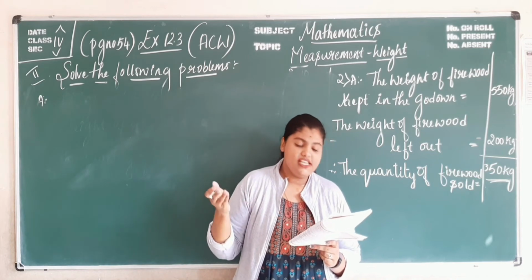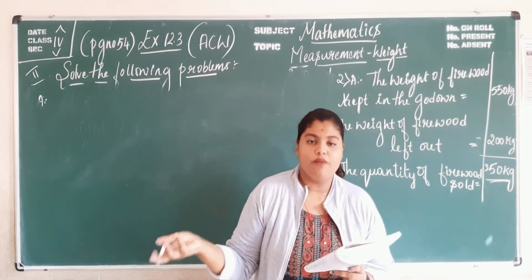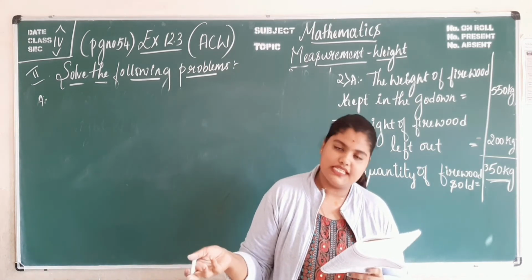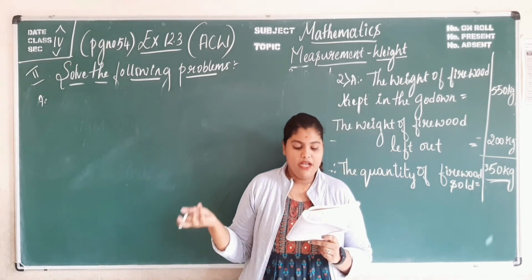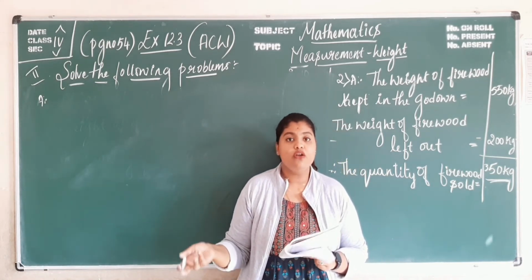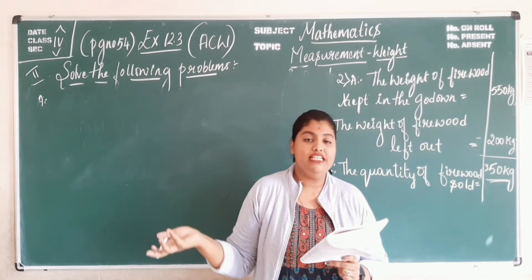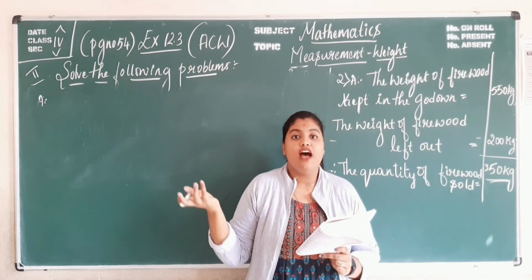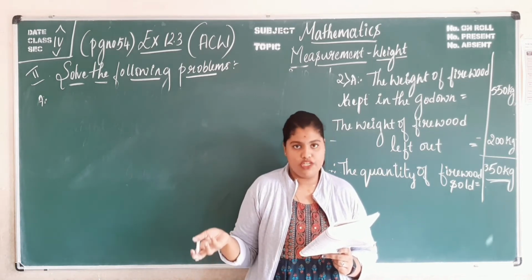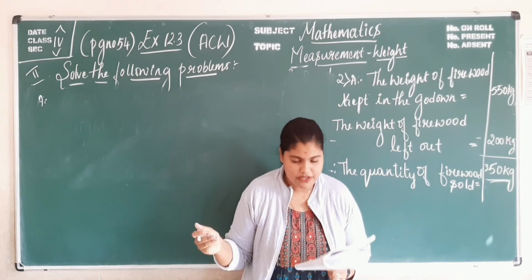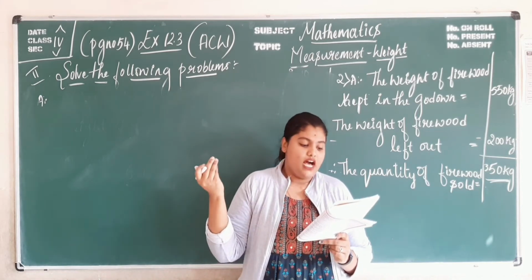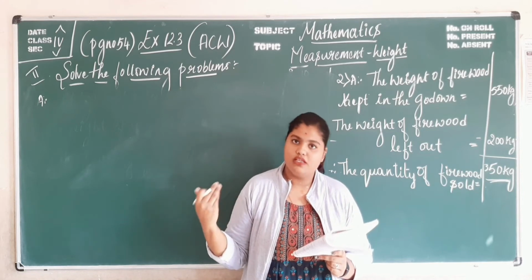And by how much? You have to find out by how much Anand's weight is more than Suresh. So we'll subtract Anand's weight minus Suresh's weight.